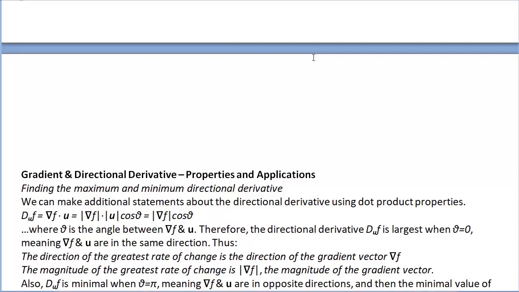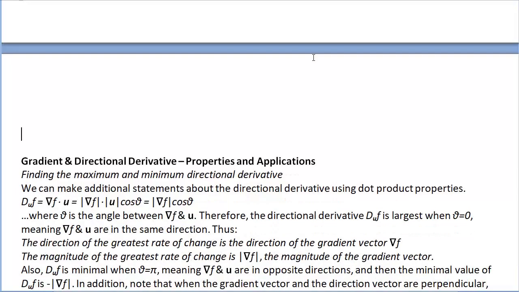And then furthermore, the directional derivative clearly is going to be a minimum when theta equals pi, meaning that grad f and u are in opposite directions. And at that point, that minimum value is negative of the magnitude of grad f.